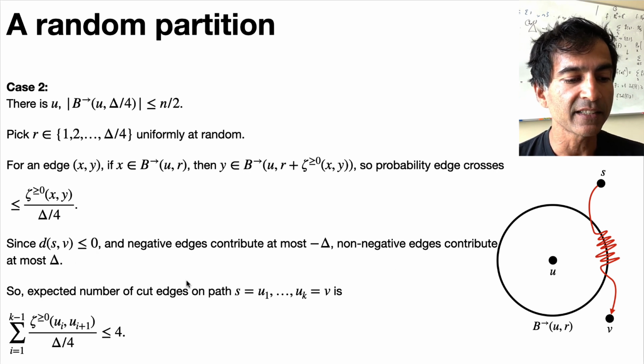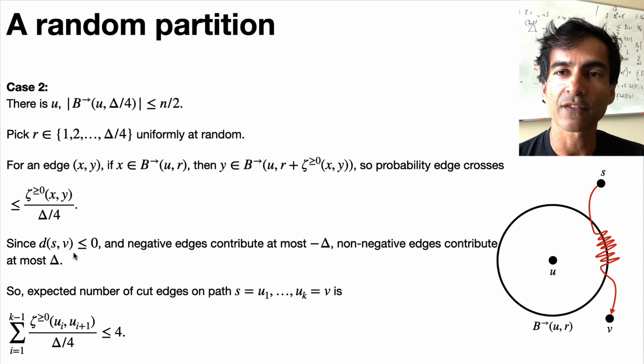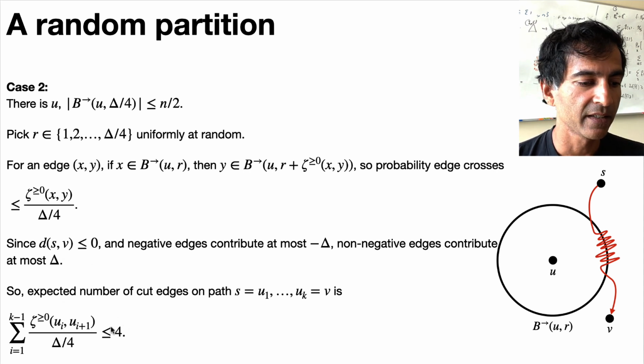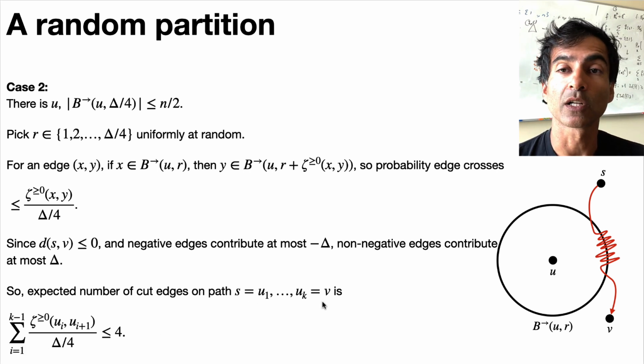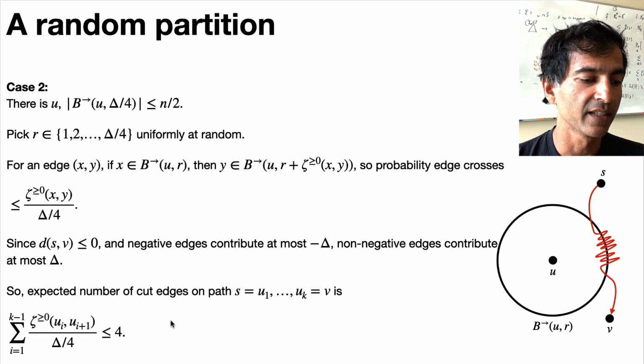And that means the expected number of edges cut along this path from S to V is bounded by a constant. That's because the total non-negative length from S to V is at most delta, by this argument.